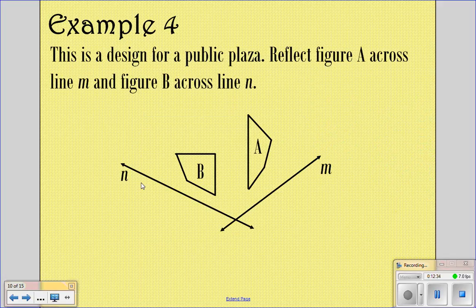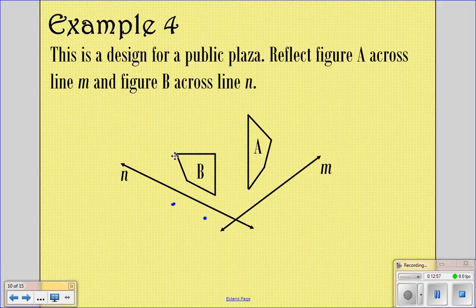Okay, look in here. We have a design for a public plaza. Reflect figure A across line M and figure B across line N. And so here is what you're going to end up doing. We're going to draw B first, I guess. Doesn't really matter which one goes first.